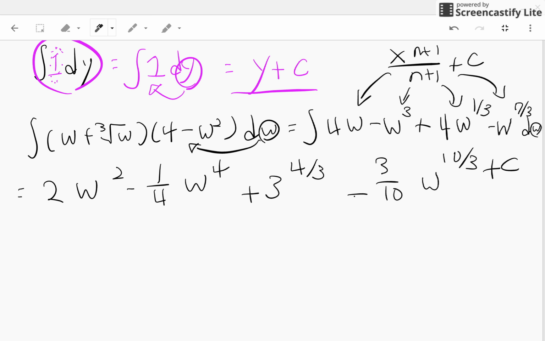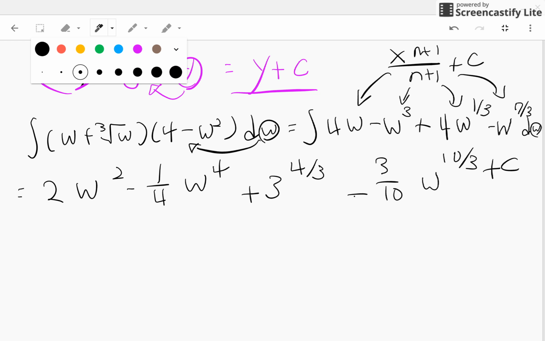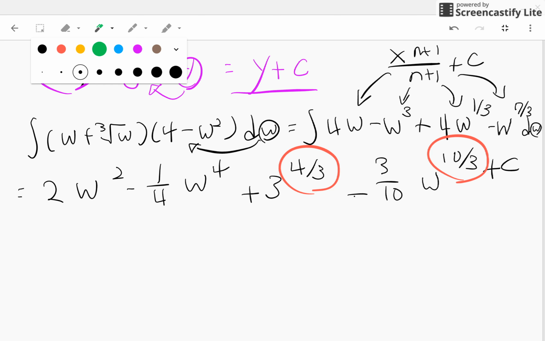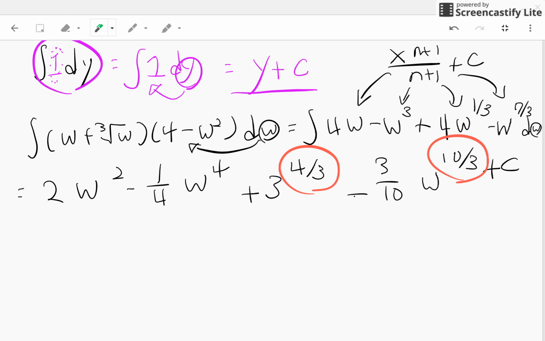You might be wondering how I got this answer, or more specifically, how I got these terms. I'll do an explanation. Take the 4 times w to the 1/3 power, and we want to do the integration of this.